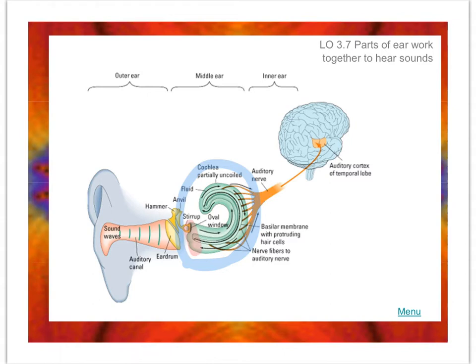And as you move in this direction, you move towards the area of the basilar membrane that maximally responds to higher pitch sounds. So lower pitch sounds at the beginning, higher pitch sounds at the end.